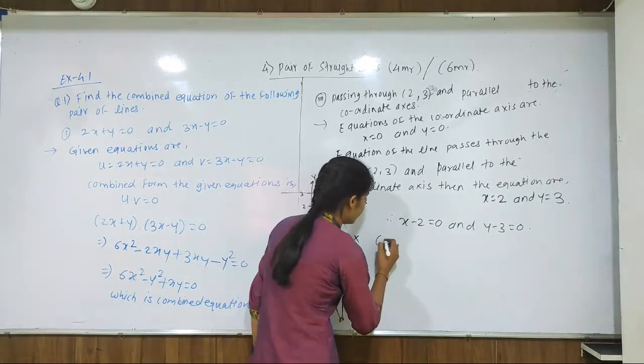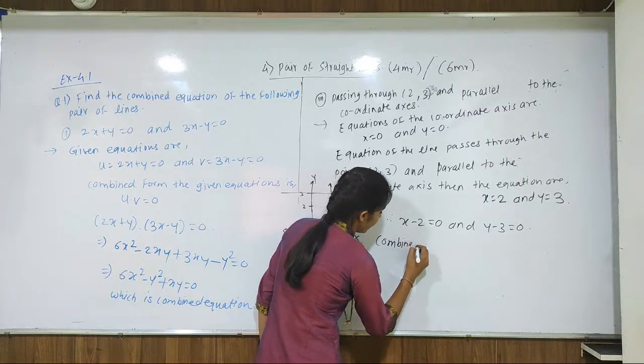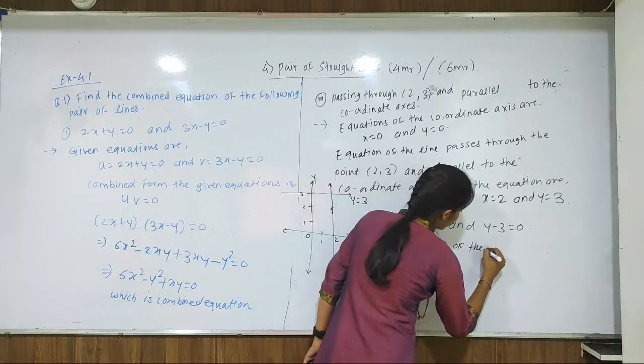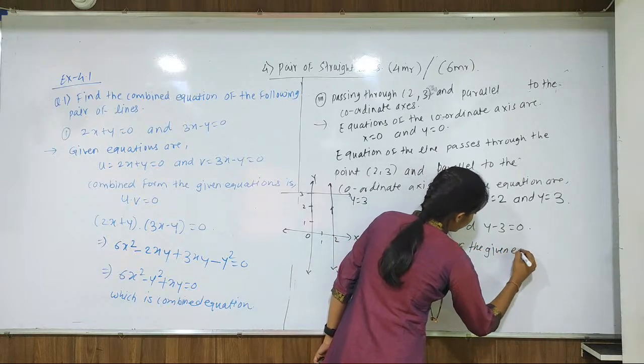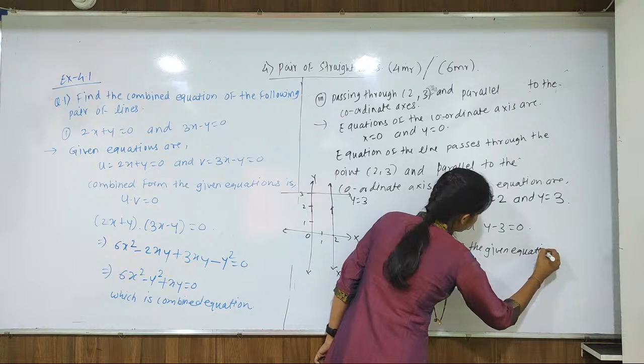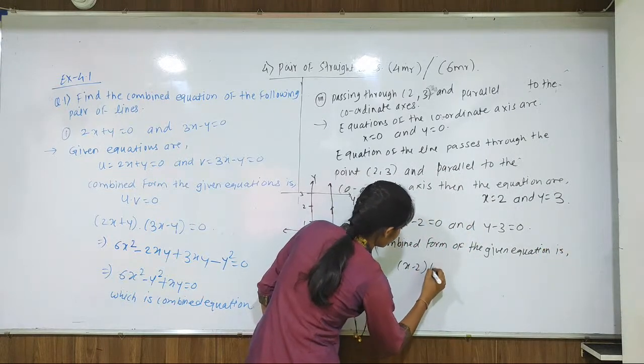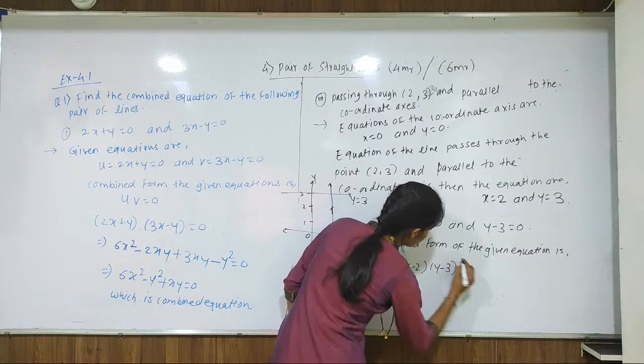Now the combined form of the given equations. The given equations are x minus 2 into y minus 3 is equal to 0.